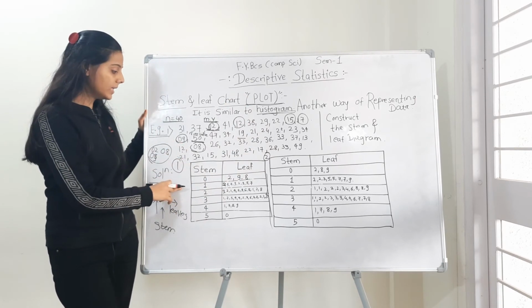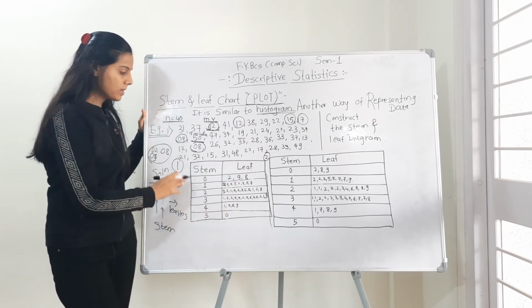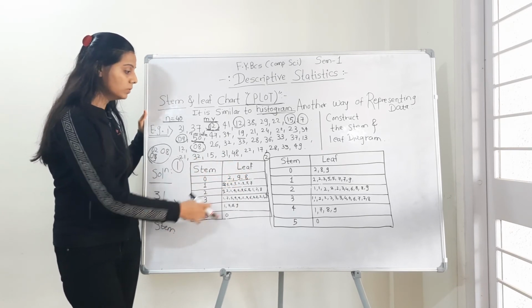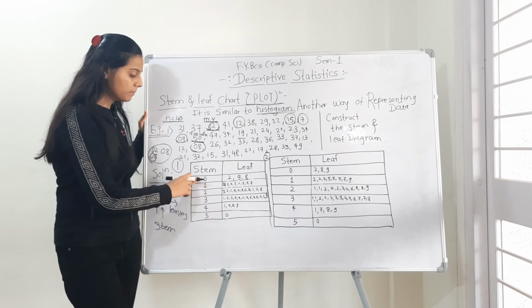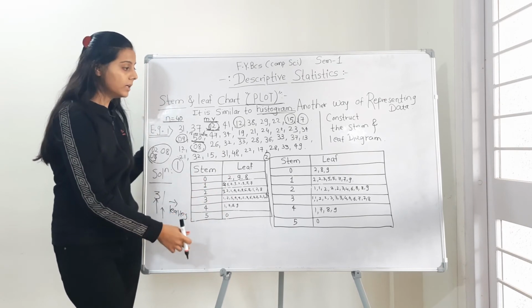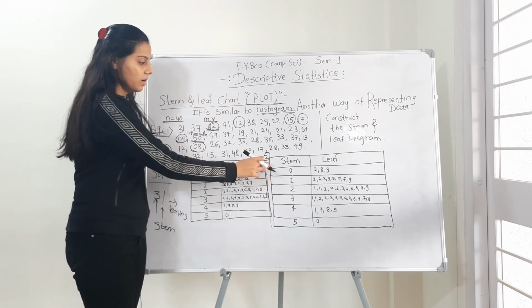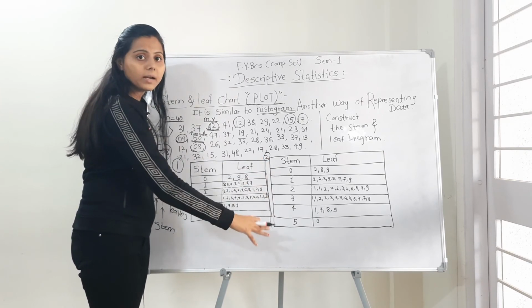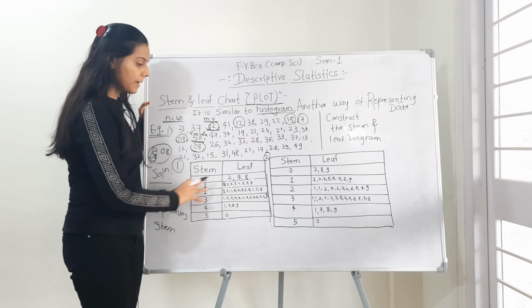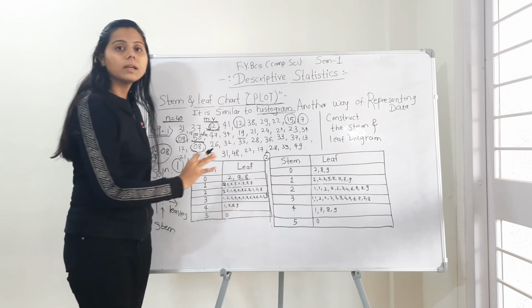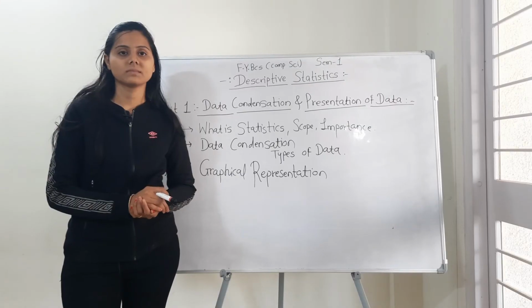Then prepare the table for the stem and leaf chart. Write down all the stems and write down all the leaves for each particular stem. In your last step, you prepare the table for the stem and leaf and write down all the numbers in increasing order.